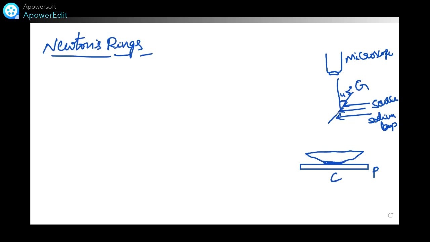The light from the sodium vapor lamp source is incident on the glass plate at 45 degrees to the normal.